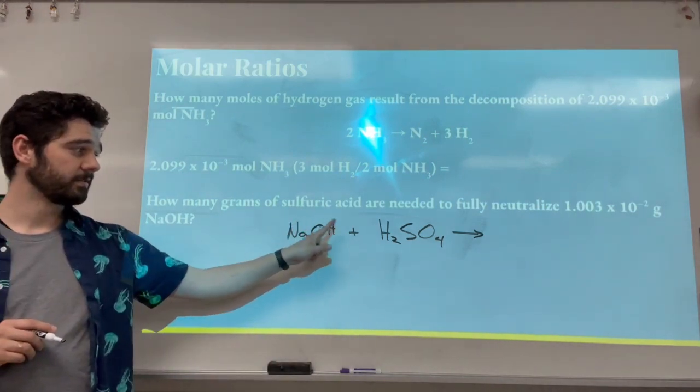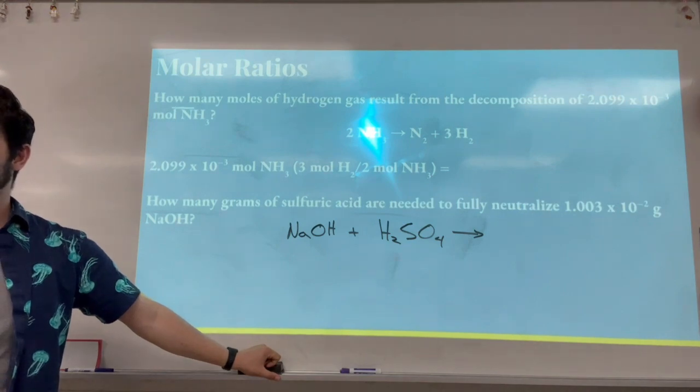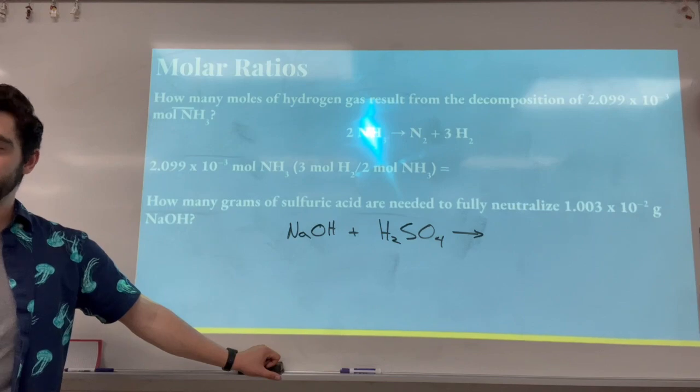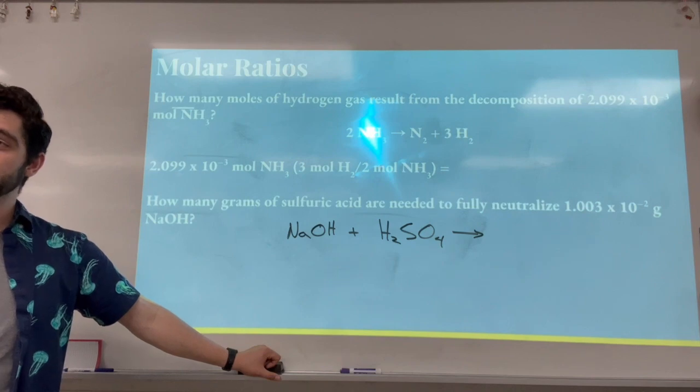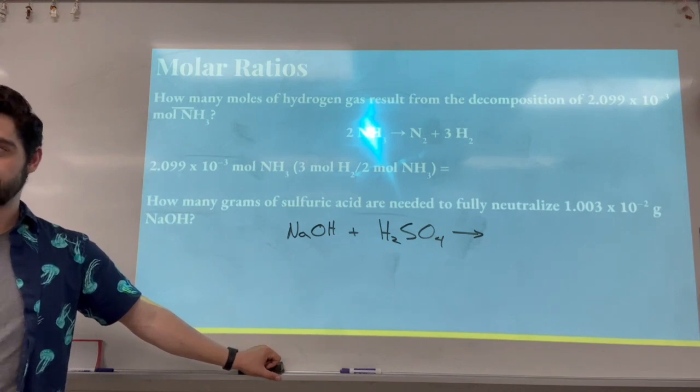Polyatomic ion with H pluses. So nitric acid is just nitrate, and nitrate is a -1, so H and then NO3. That's it. There's only 6 acids. There's only 5 bases. So you're not memorizing that much.